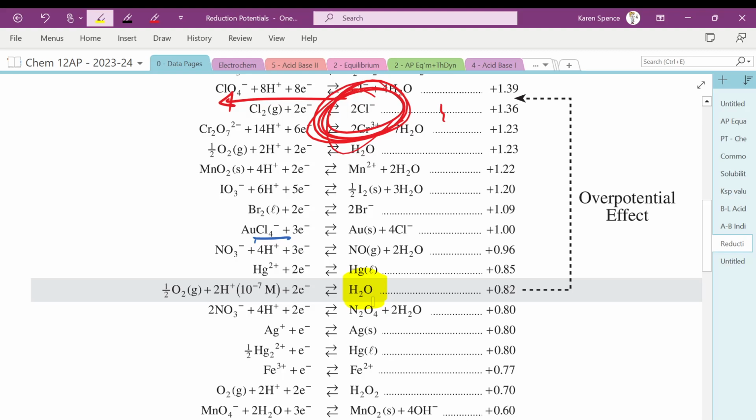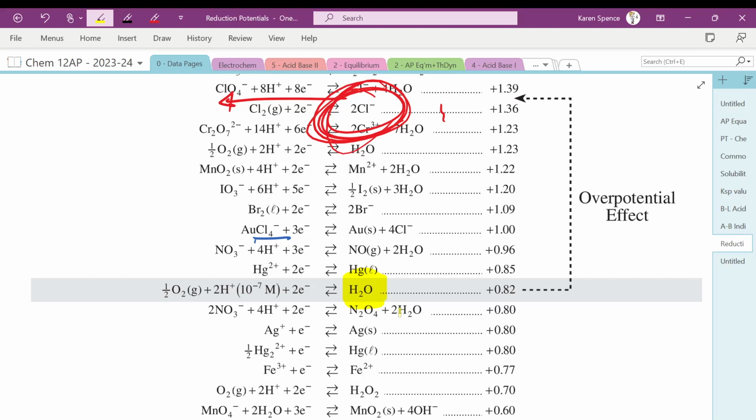Okay, so we got water on the right-hand side over here. That means water can be oxidized. Again, it's highlighted in gray for you, so it makes it easier to find.